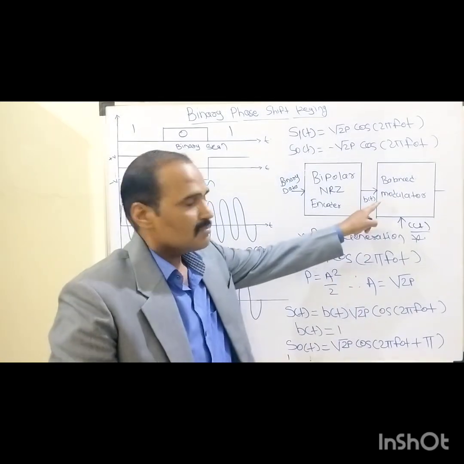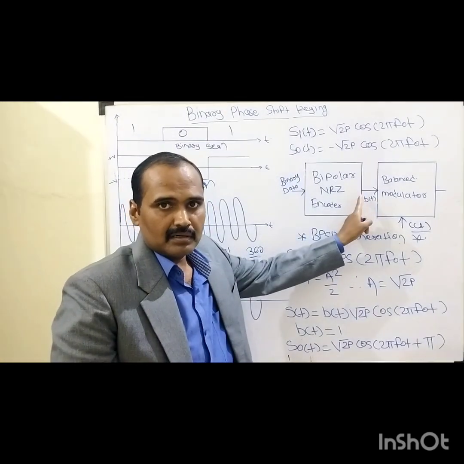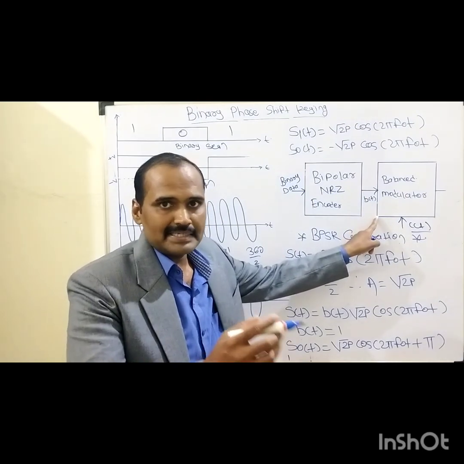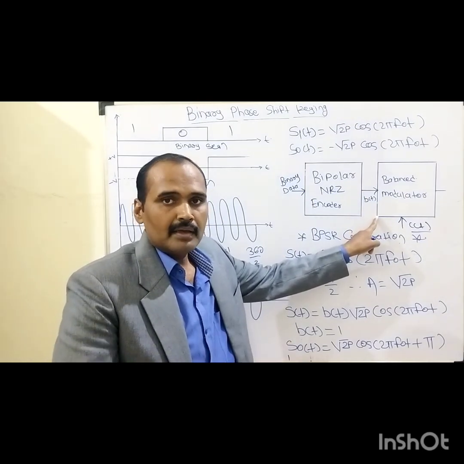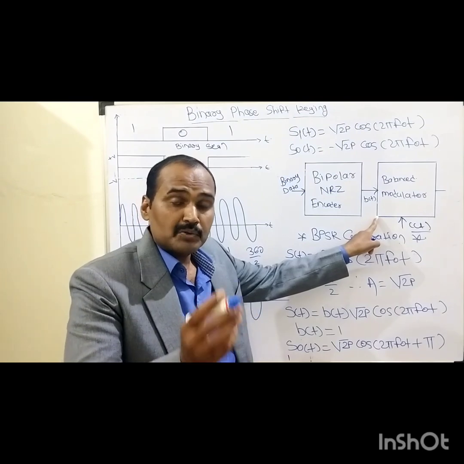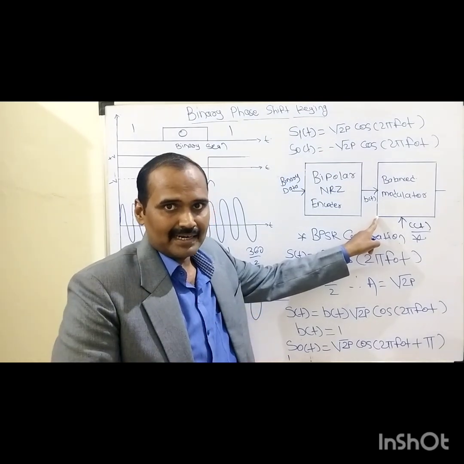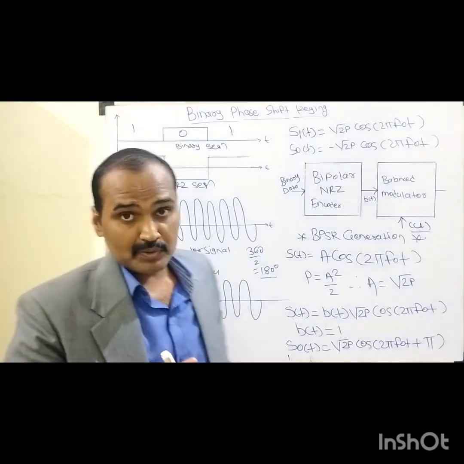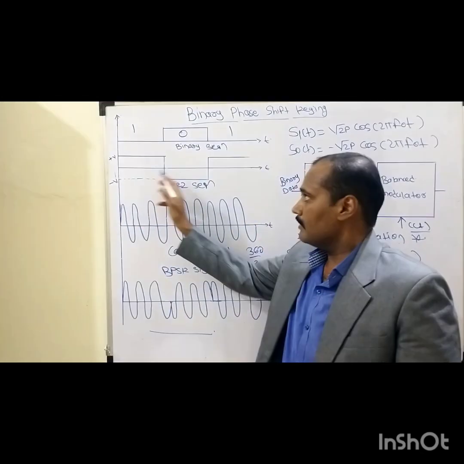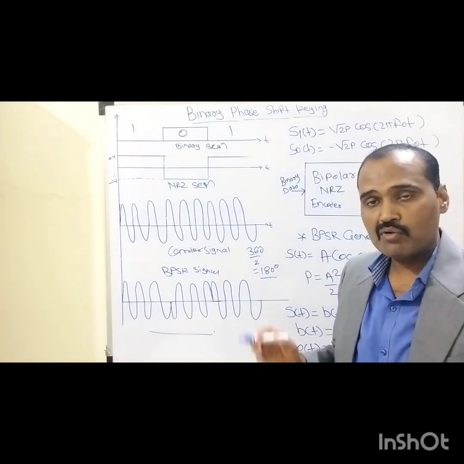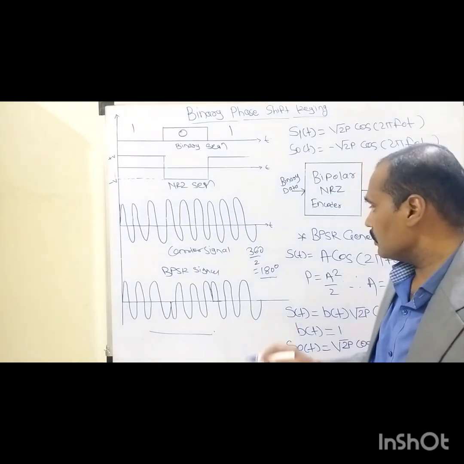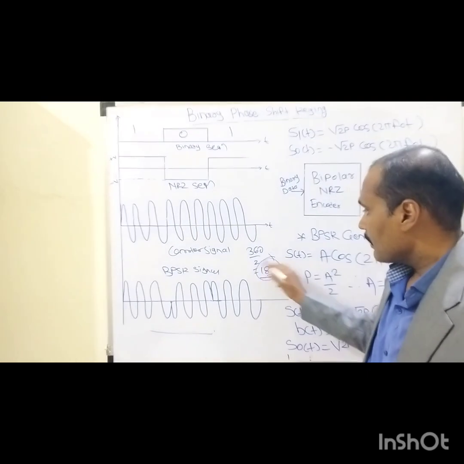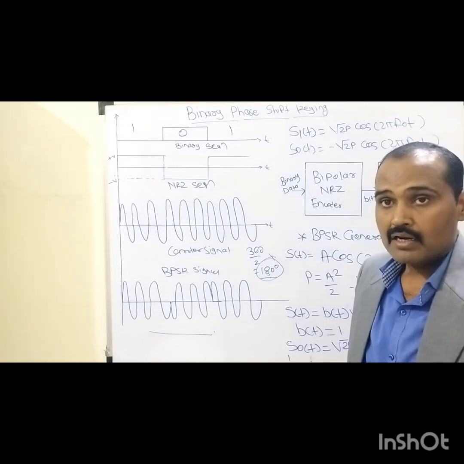Basically the modulator will multiply these two, the modulating symbol sequence and the carrier signal. Ultimately it will suppress the desired carrier signal and generate the BPSK envelope, in which, as I told you earlier, each time we go through a signal transition from 0 to 1 or 1 to 0, we change the phase of this unmodulated carrier signal by 180 degrees.